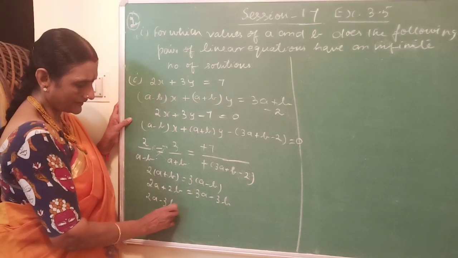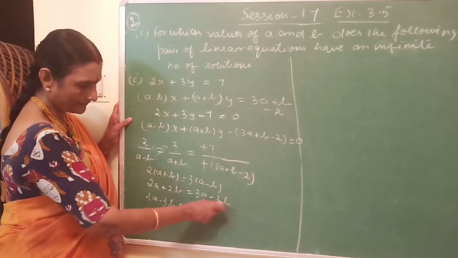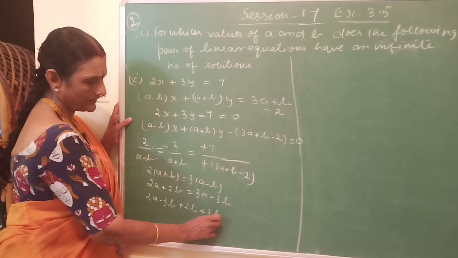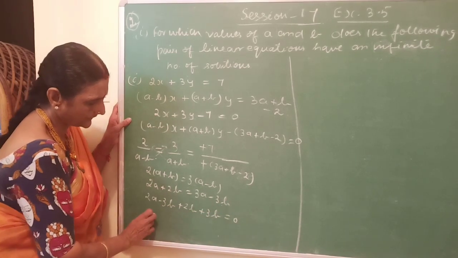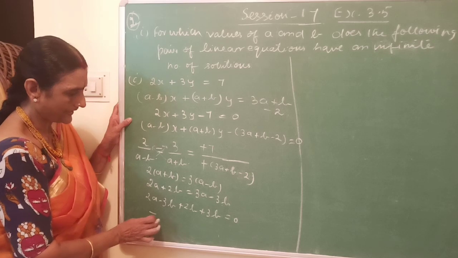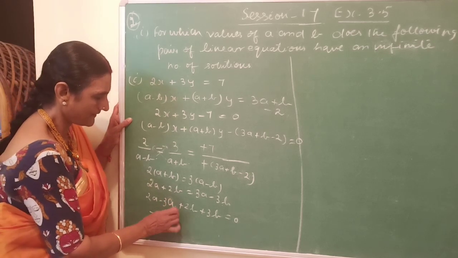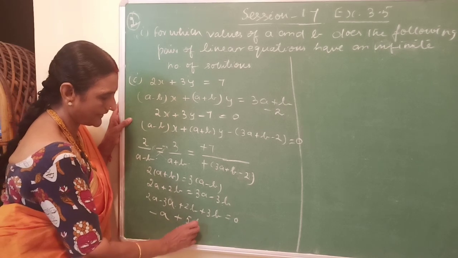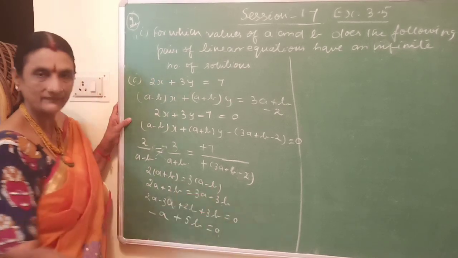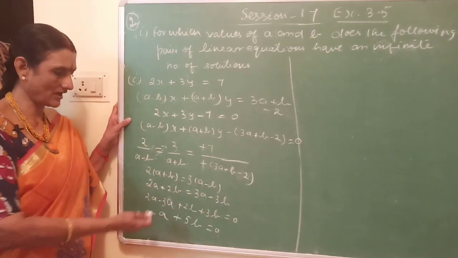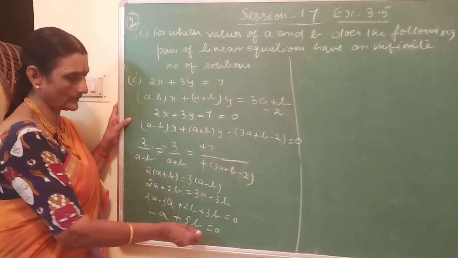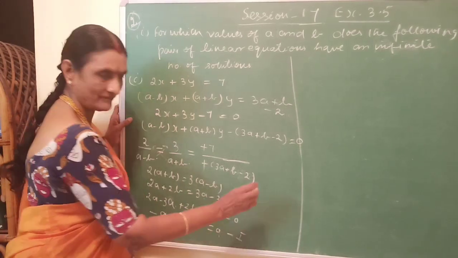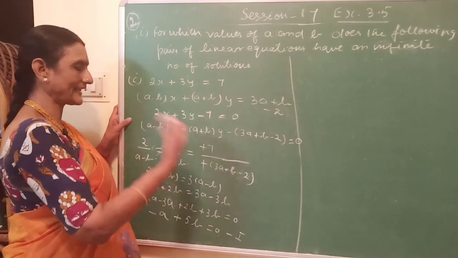And then this 2b plus 3b equals 0. So the equation is 2a minus 3a gives you minus a plus 5b equals 0. Are you understanding? This is how we have got the first equation. Let us number it. Okay, now go to the second equation.